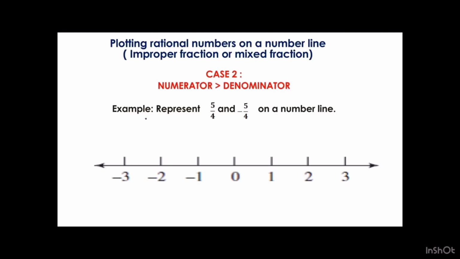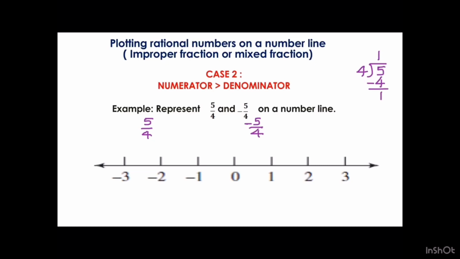Since 5 by 4 and minus 5 by 4 have numerator greater than the denominator, we will convert into mixed fraction. 5 divided by 4. 4 times 1 gives 4.